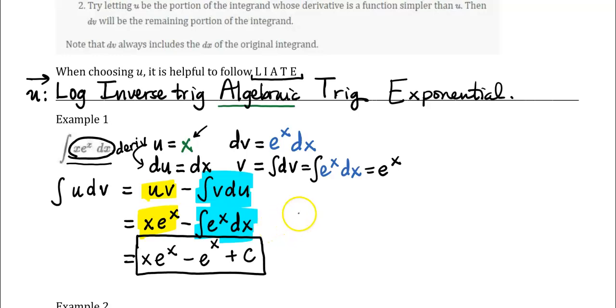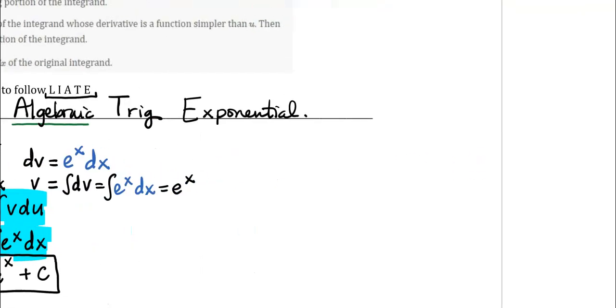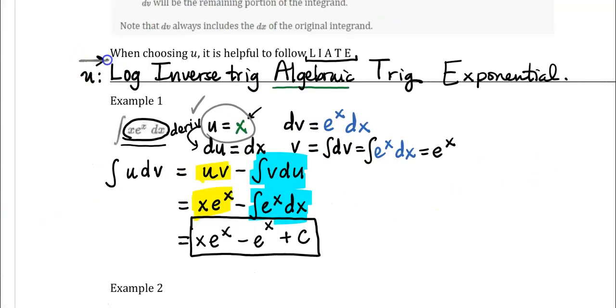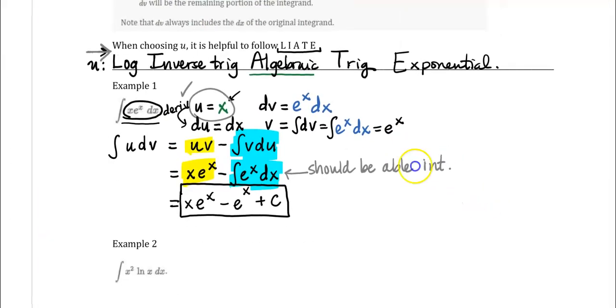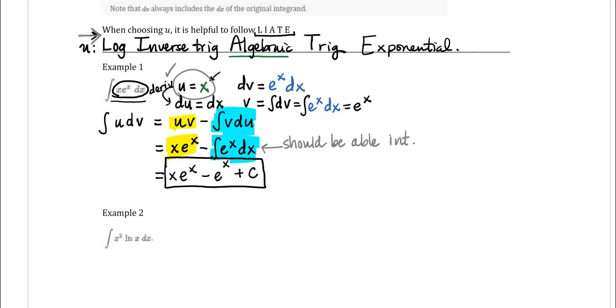And hopefully, if you make a good choice for u by using this acronym, then you should be able to integrate most of the time. It may be that we'll see examples where we have to use integration by parts a few times. We'll see some examples where we have to do a little bit of algebra, but the whole point is that we take an integral that is complicated and we break it down into parts that are easier for us to work with.